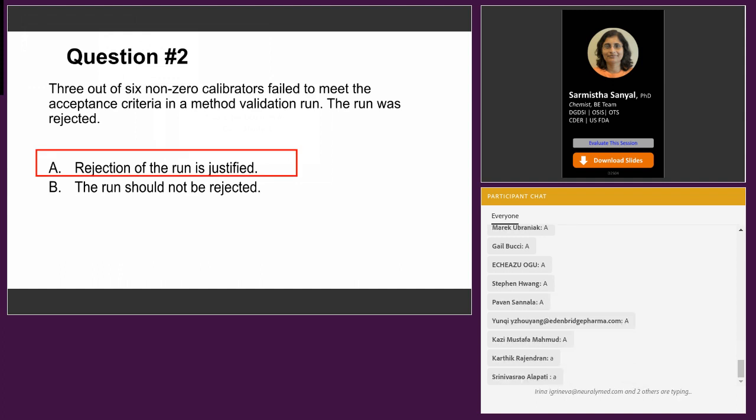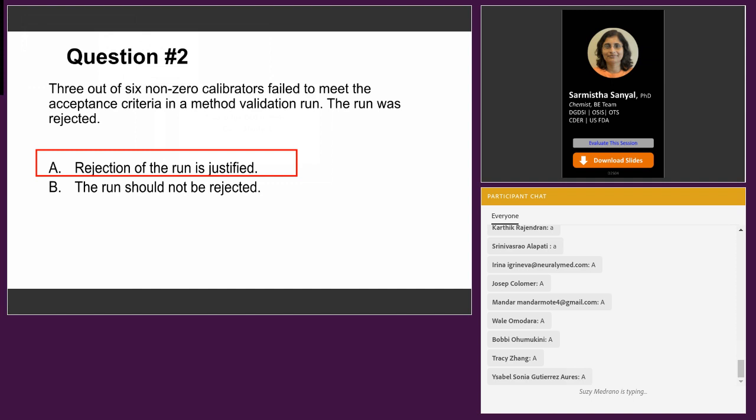So if 3 out of 6 non-zero calibrators fail to meet the acceptance criteria in a method validation run, rejection of the run is justified. As we know from the 2018 bioanalytical method validation guidance, 75% and a minimum of 6 non-zero calibrators should meet the acceptance criteria in each validation run.